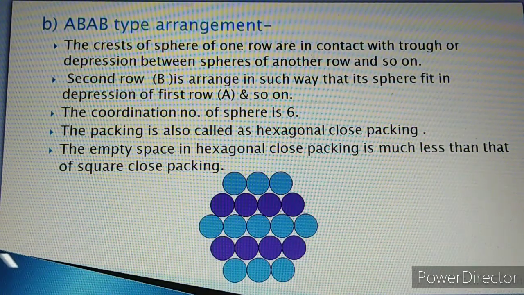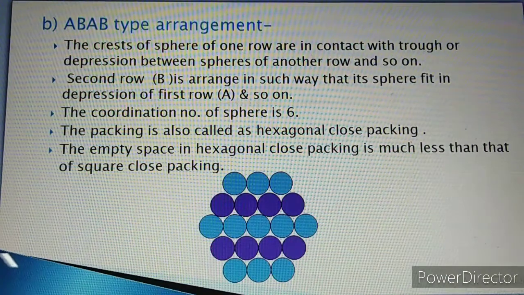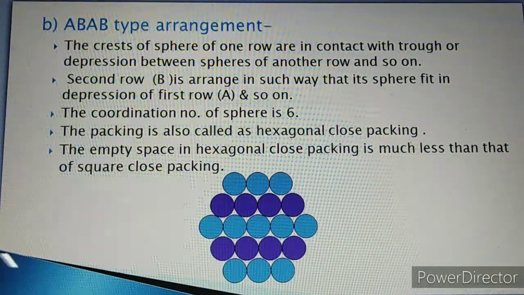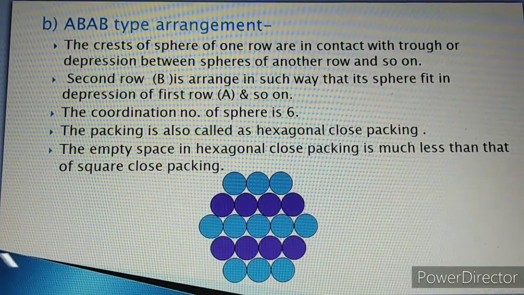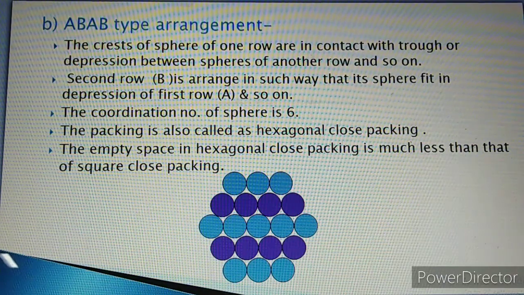If we indicate the light blue spheres by A and violet spheres by B, then the second layer is placed in between the depressions of the first layer, and therefore the first layer is indicated by A and the second is different because it is placed in the depression of the first layer, therefore indicated by B. Again A is repeated and B is repeated, therefore this type of arrangement is called ABAB type arrangement.